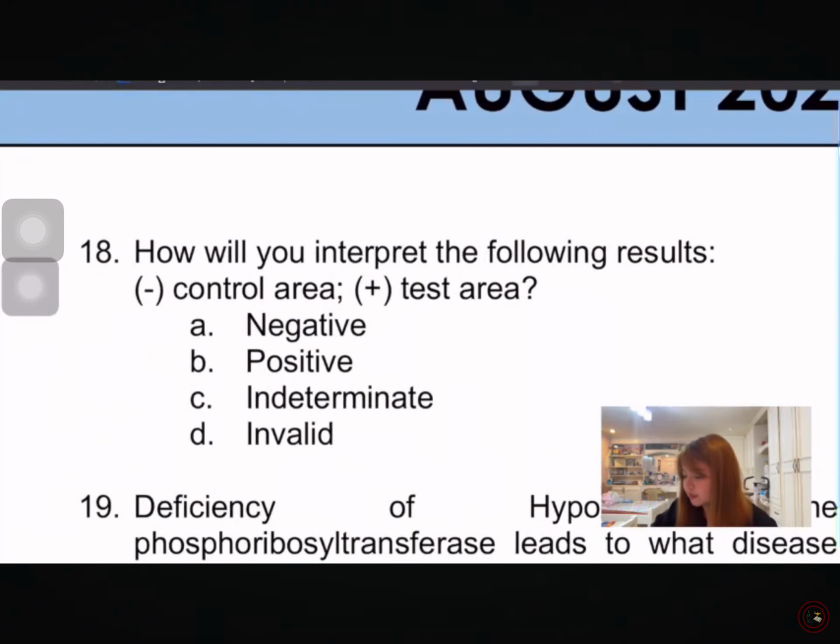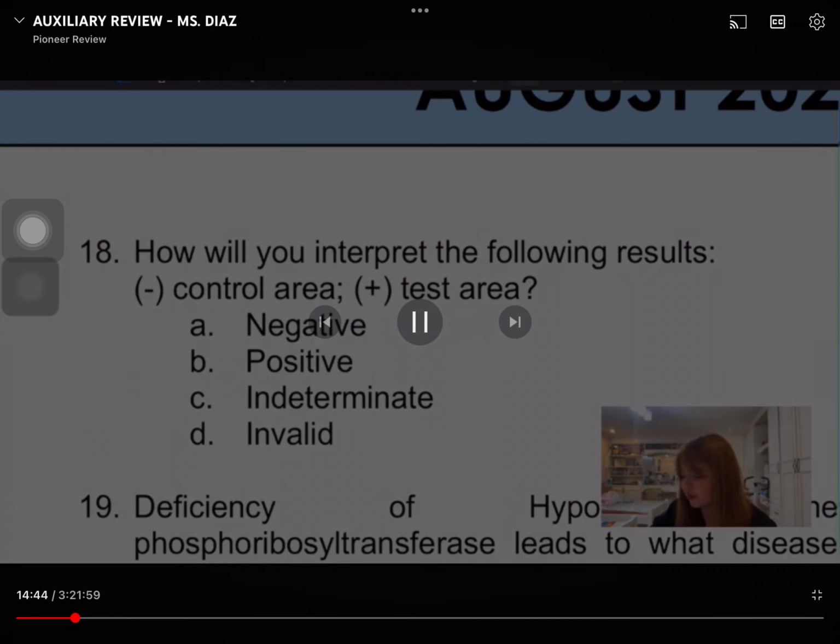Next question. How will you interpret the following results?